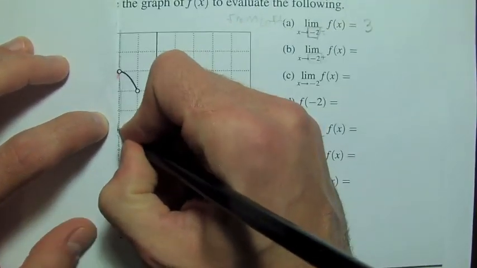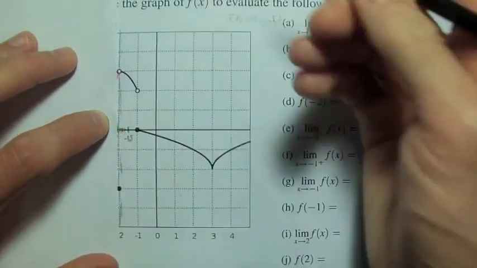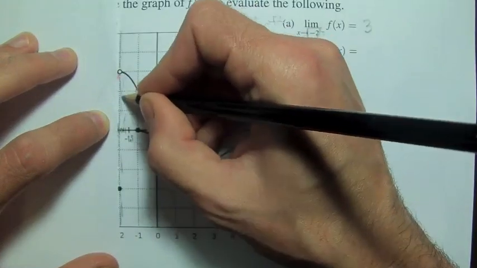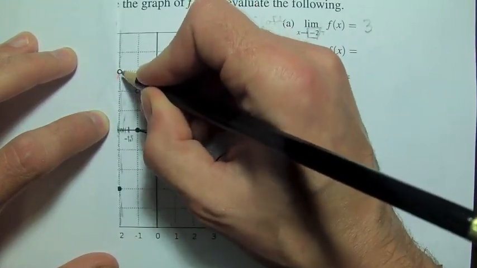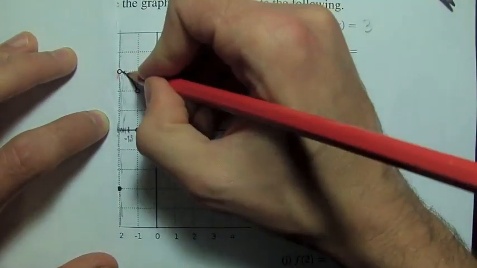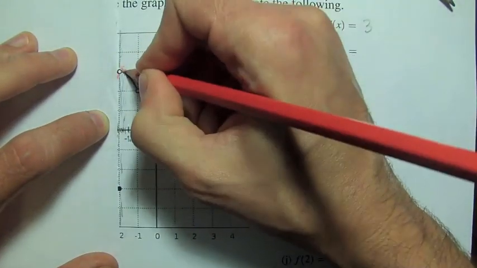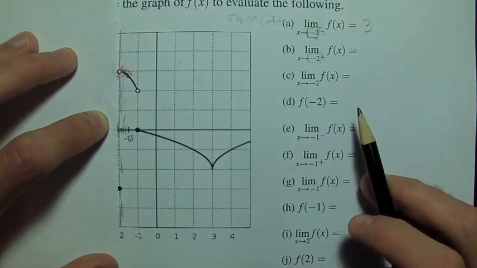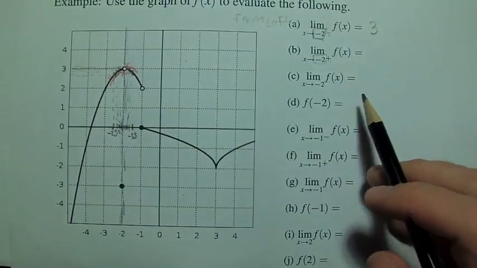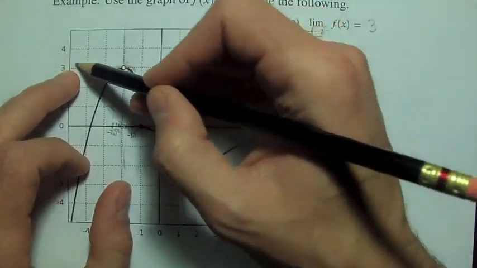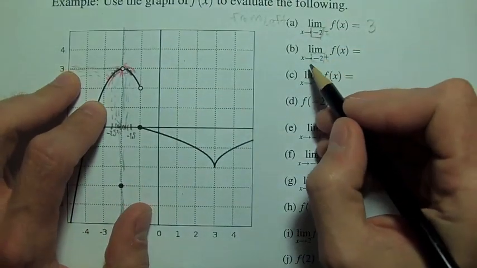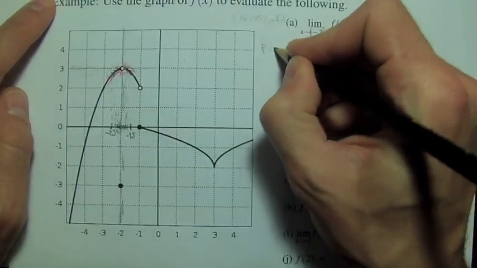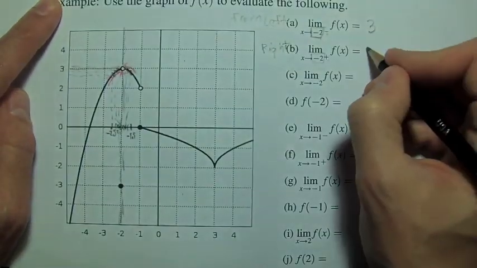So we want to get closer and closer to -2 from the right. So as we do that, we map this up, and it looks like the y values are getting closer and closer to this open dot here. Okay. So removing this, we see that, oh, that's 3. So the limit as x goes to -2 from the right is also 3.